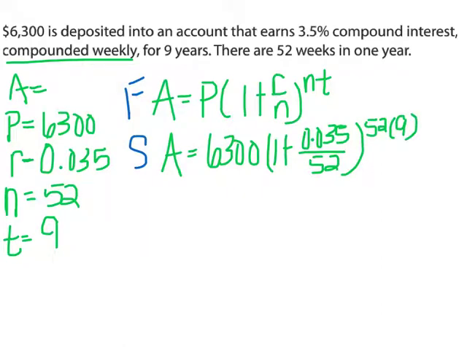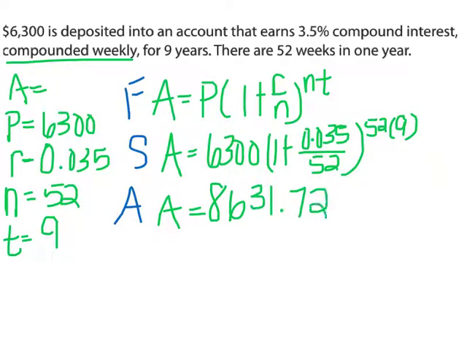I just typed all of that in the calculator all at once. As long as you put your parentheses in the right spot, you can do that. A is my answer. And when we calculate all of that, we get 8,631.72. Now that's how much is total in my account after the 9 years.